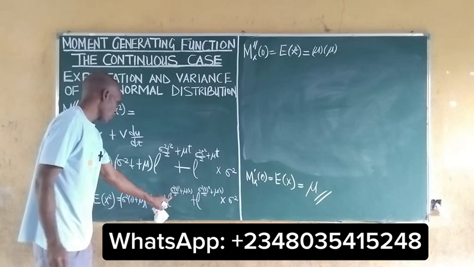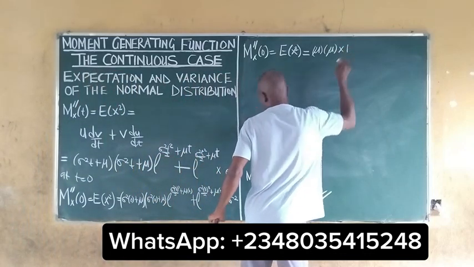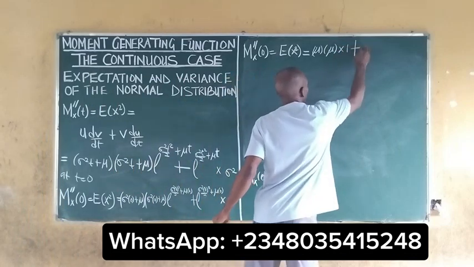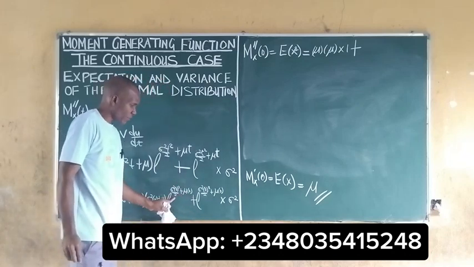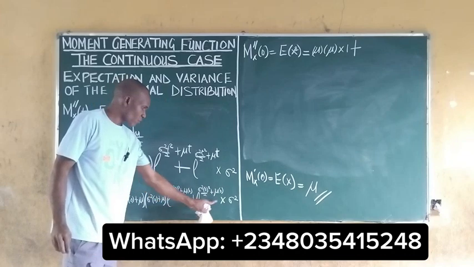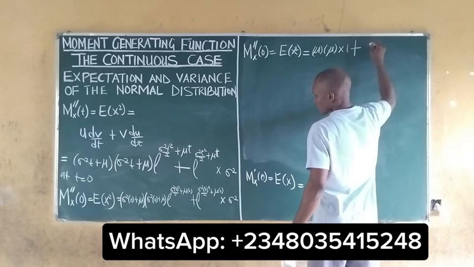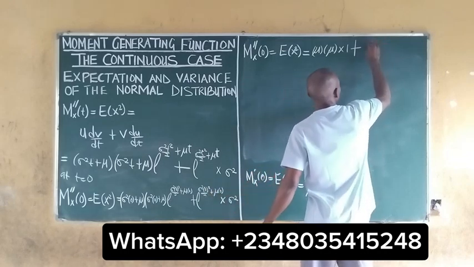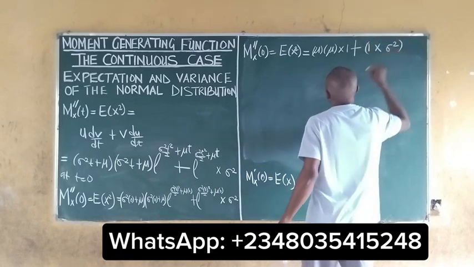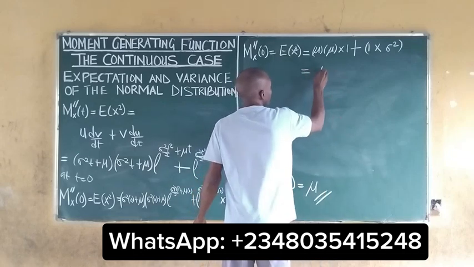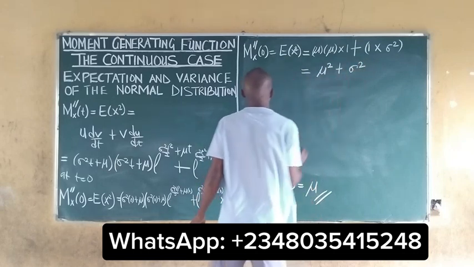This is 0, so this is 1, multiplied by 1, plus the whole of this is 0, and anything raised to the power of 0 is 1. The whole of this is 0 multiplied by sigma squared. So it will now be plus 1 multiplied by sigma squared. So we are left with mu squared plus sigma squared.